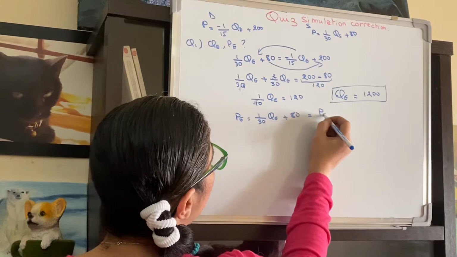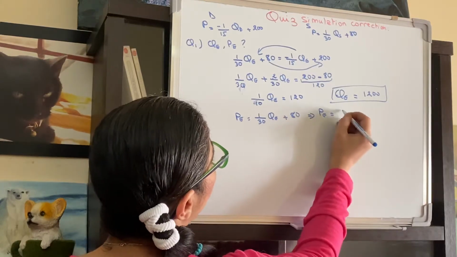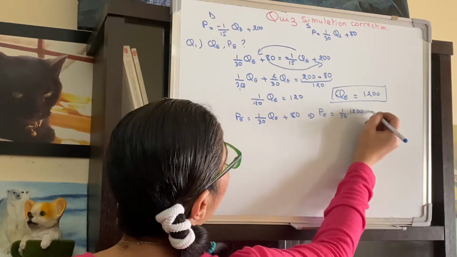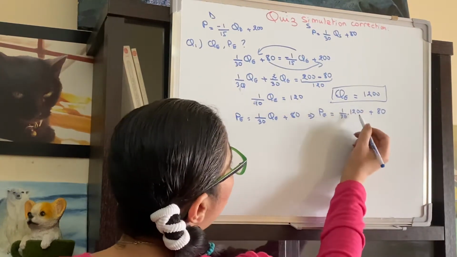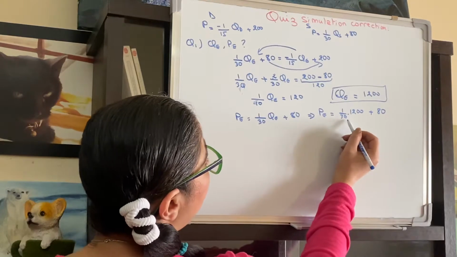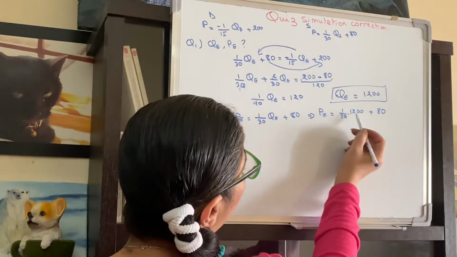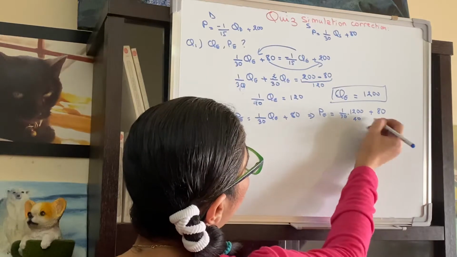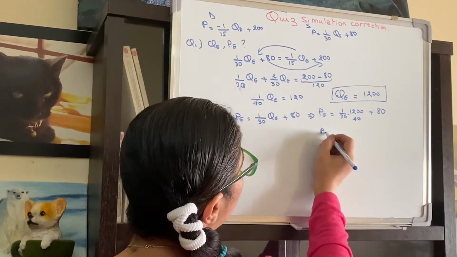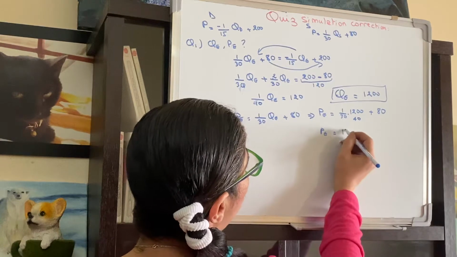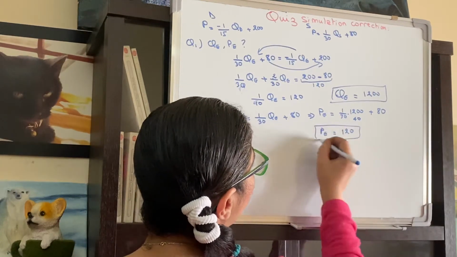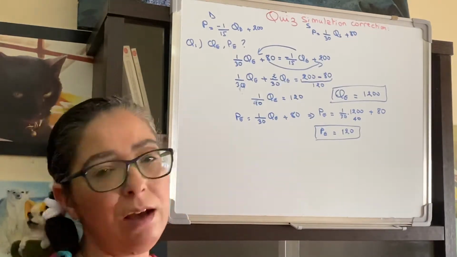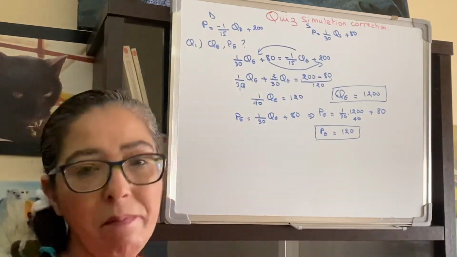So PE is equal to 1 over 30 times 1,200 plus 80. So 1,200 divided by 30, that would be 40. 40 plus 80 is going to give you PE equal to 120. Okay, this is very simple. We have done this in chapter 3 many times.